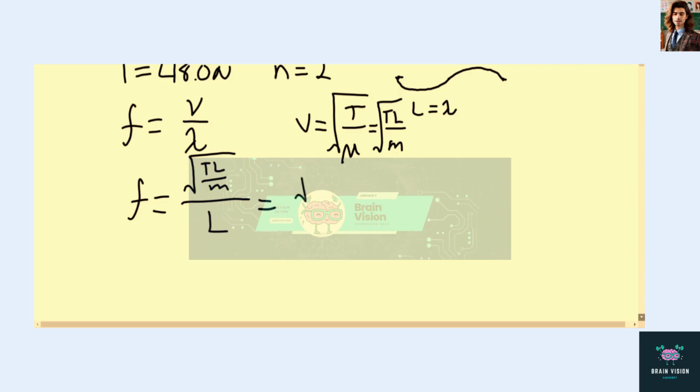So we can go ahead and calculate the frequency. When we start plugging in values, if we go with tension first, it'll be 48.0 times 2.00 meters, divided by 0.00480, because we had 4.8 grams for the mass, and then we have the length one more time, which is 2 meters.